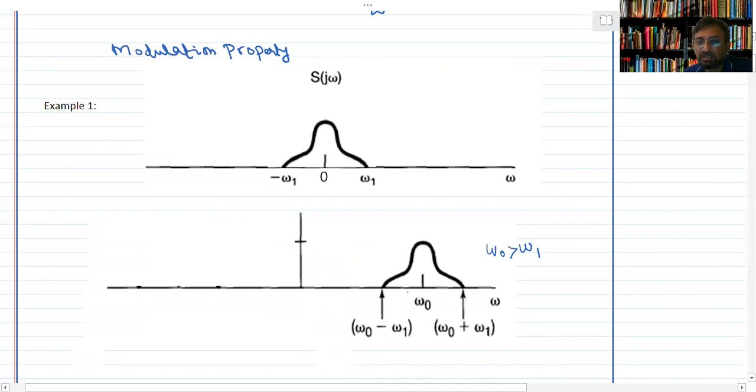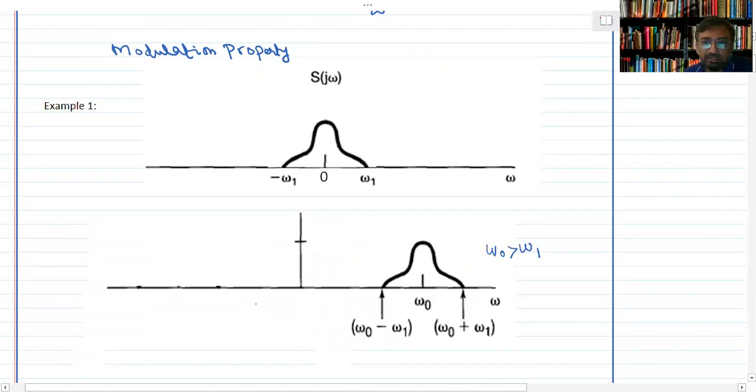It means the information is preserved. Like we saw in the time shifting, when we shift the signal in time domain, the signal remains the same, but it's just a shifted version of that signal. Similarly, when we shift the signal in the frequency domain, the information in the signal stays the same. Only that now it is located in a different frequency band.